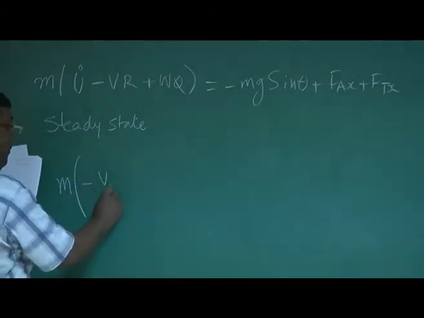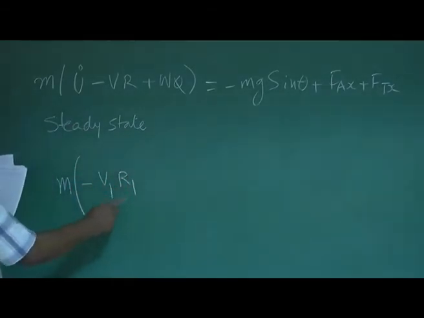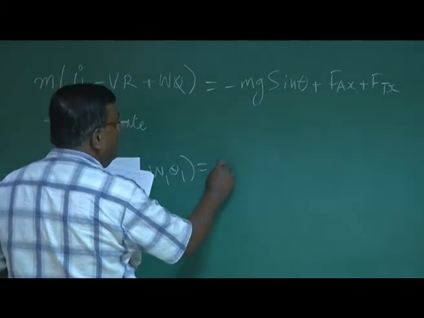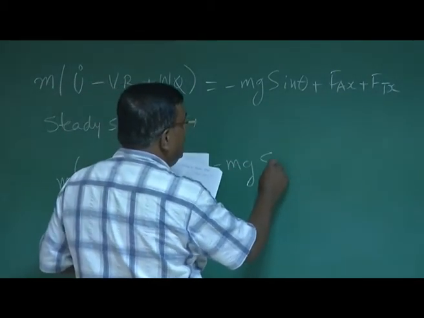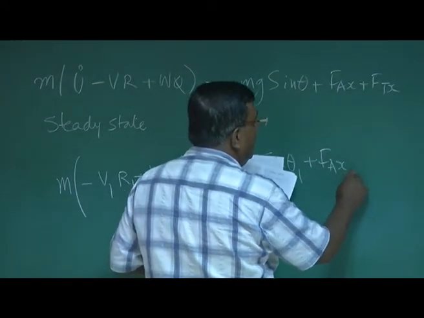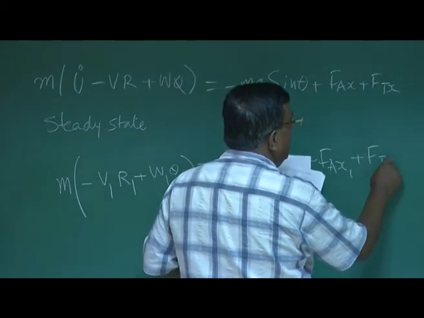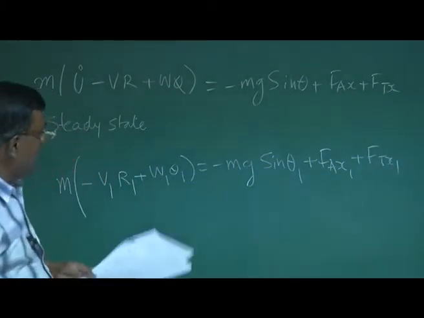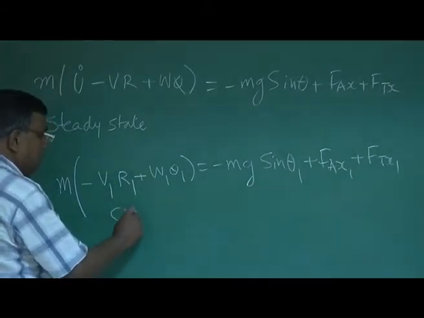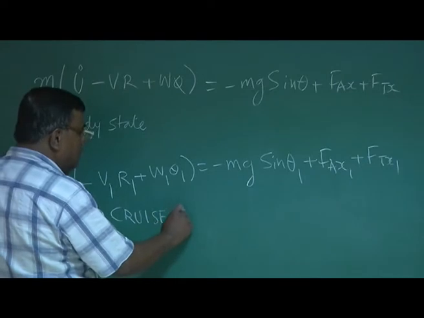So minus V1 R1 plus W1 Q1 is equal to minus mg sine theta 1 plus Fax1 plus Ftx1. Whenever we write 1, that corresponds to steady state, right? Okay. Similarly, I can write the other equations. If I see it here, okay, for example, if it is a cruise flight, let's say cruise flight.